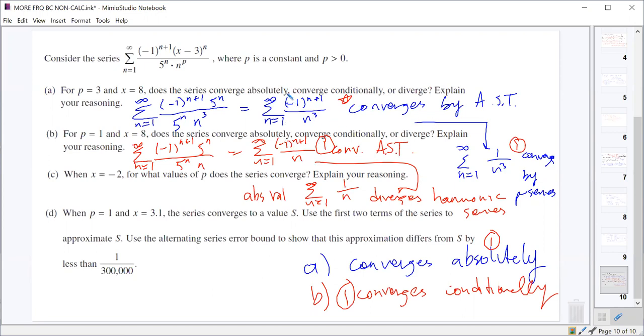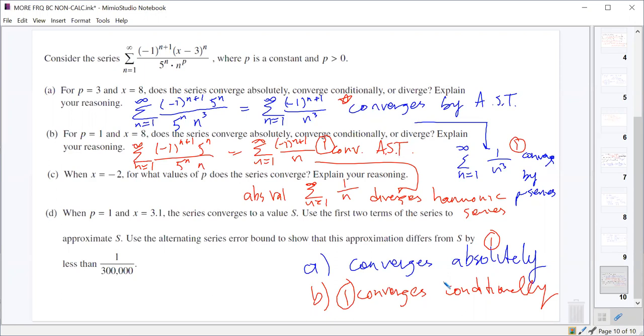We happened to note that it converged by the alternating series test, but then when we took the absolute value, it still converged, so this became redundant. But down here, the absolute value diverged, so you have to go back in. That's why the points in part A were associated with looking at the absolute value and having it converge absolutely, but the points in B were associated with looking at the actual series and having it converge conditionally. Does that make sense?